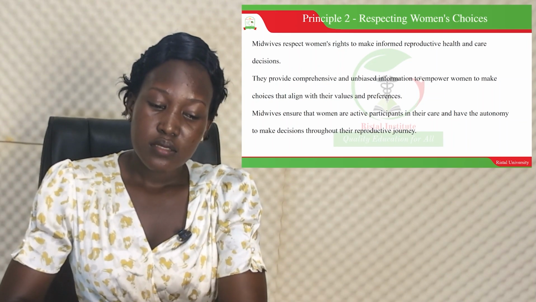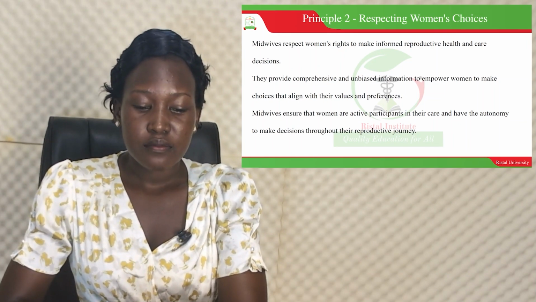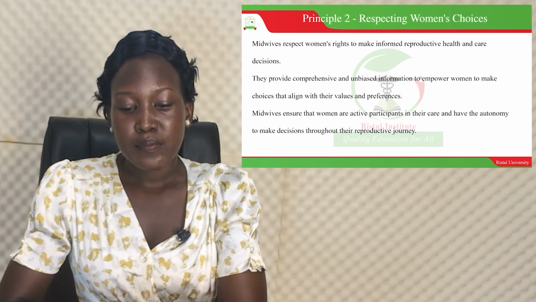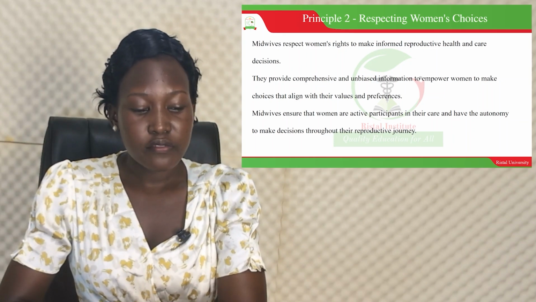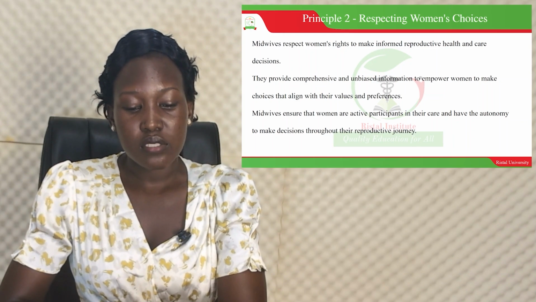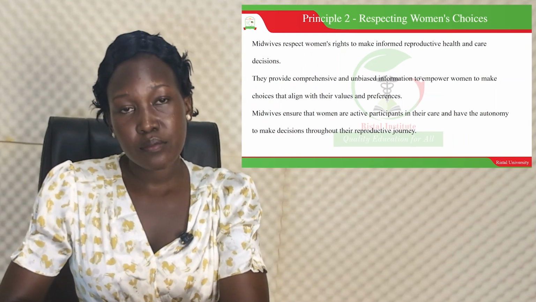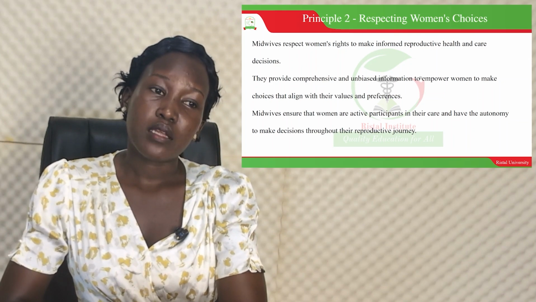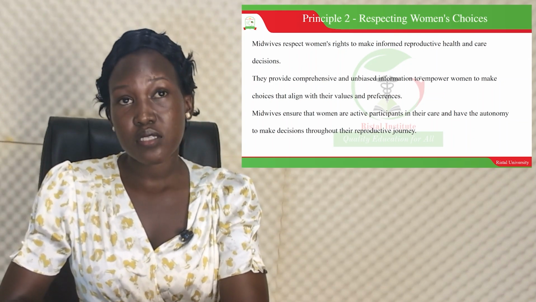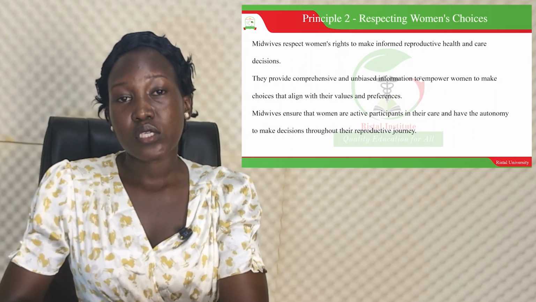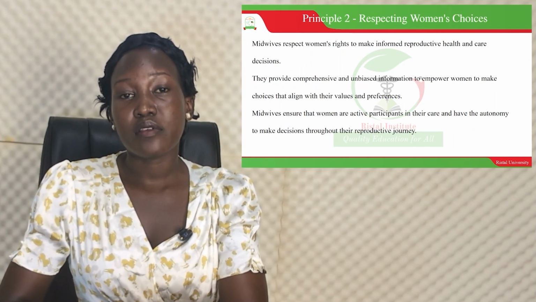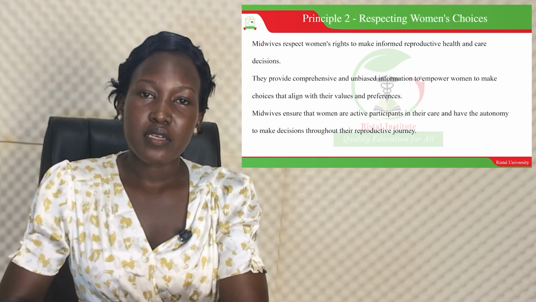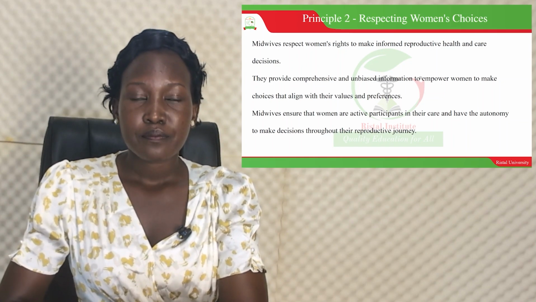Midwives ensure that women are active participants in their care and have autonomy to make decisions throughout the reproductive journey. For example, let's talk about family planning. When it comes to family planning, most times we have seen that women actually come when they already have in mind a type of family planning method they want to use.